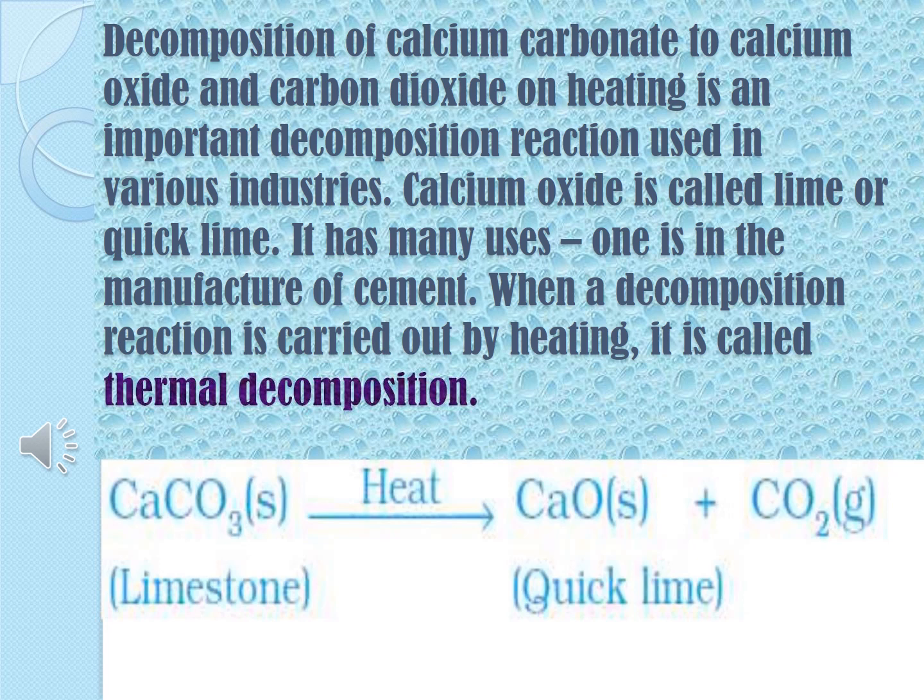When a single substance breaks into two or more simple substances on heating, then it is called thermal decomposition reaction. The meaning of the term thermal is heat. So if the decomposition is due to heat, it is thermal decomposition. The example you can see here, CaCO3, that is limestone, on heating decomposes into CaO and CO2.